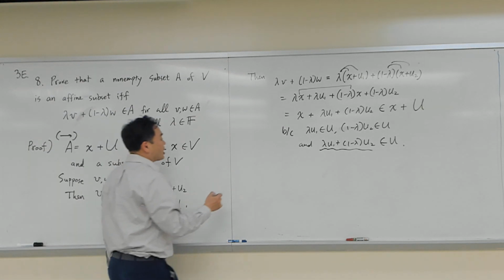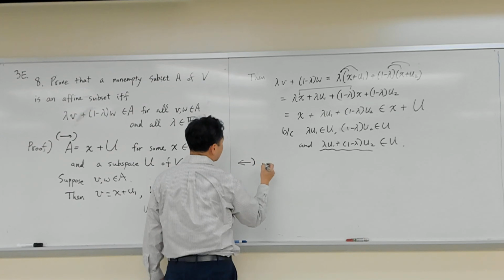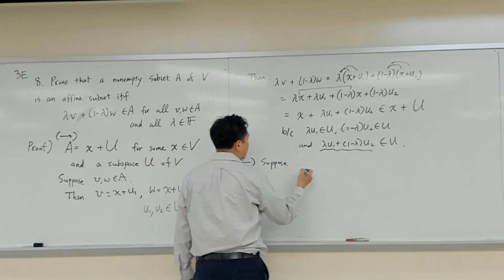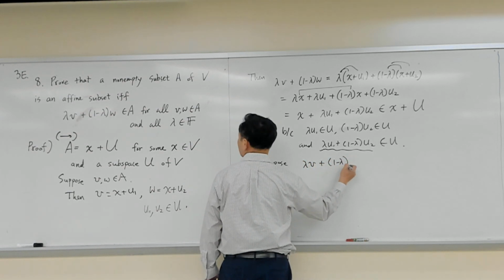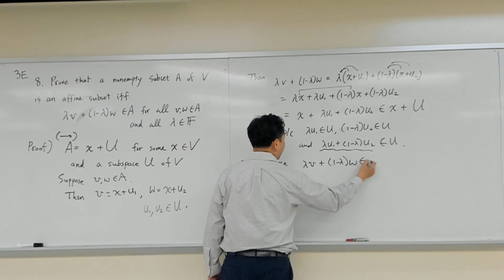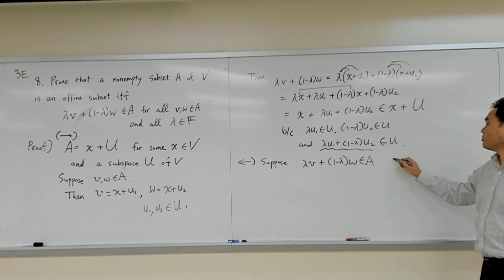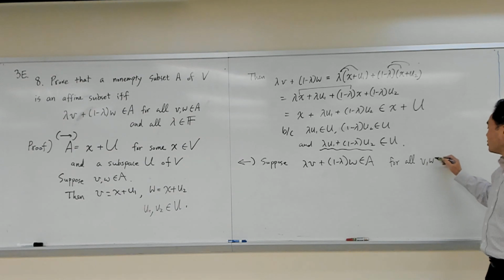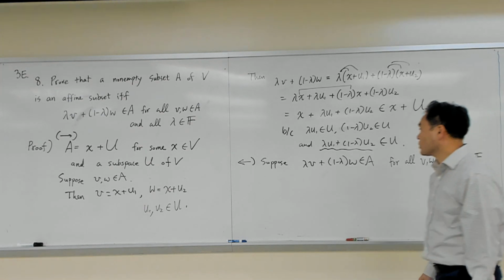Let's prove the opposite direction. So, suppose lambda V plus 1 minus lambda W is in A for all V, W in A and lambda in F. Okay.